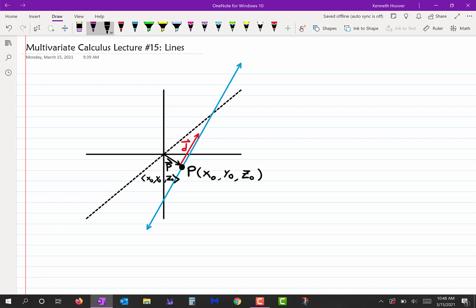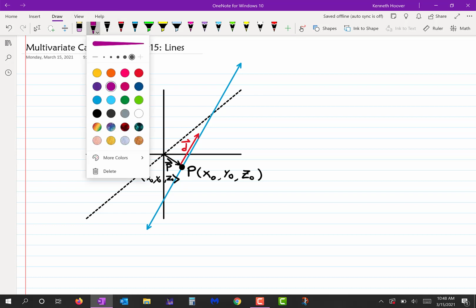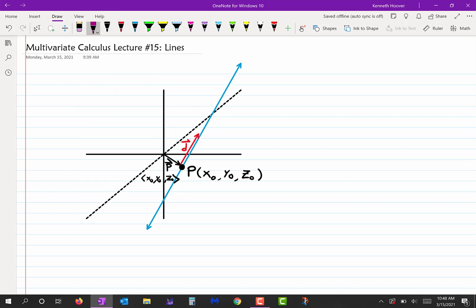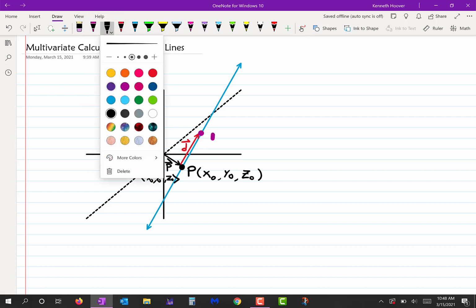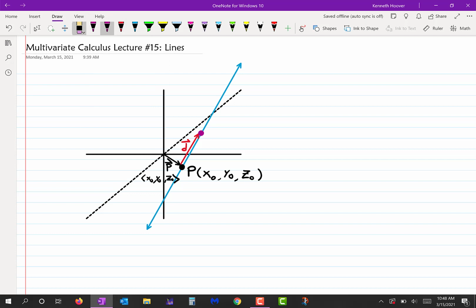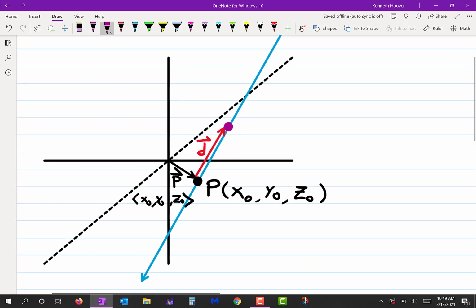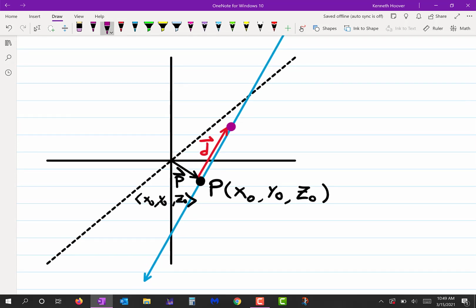All right, so let's look at points on the line. You see this point right here? That point is at what location? It's at the location P plus D, right?